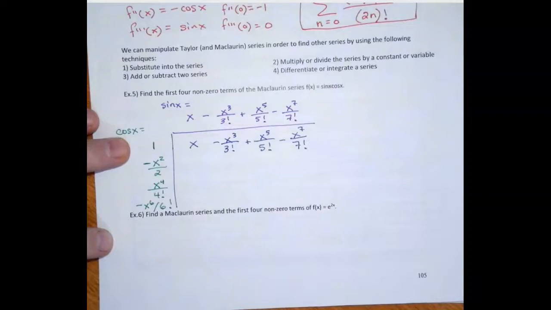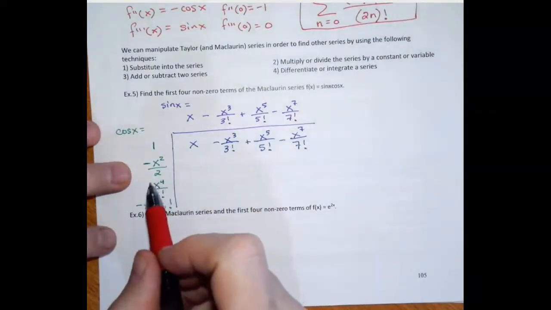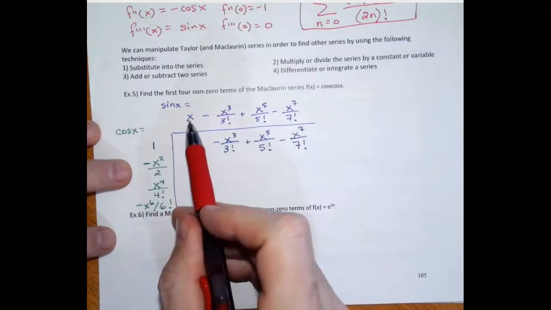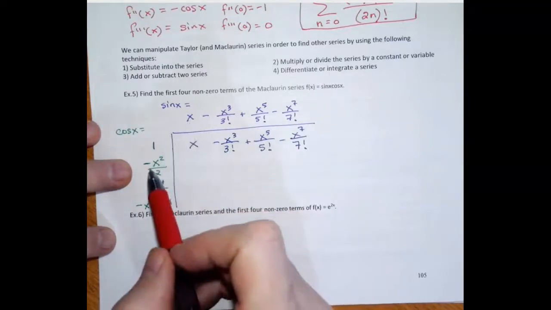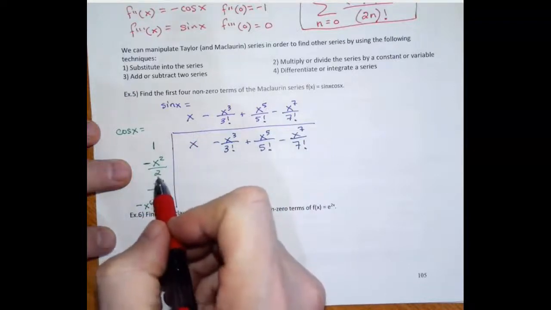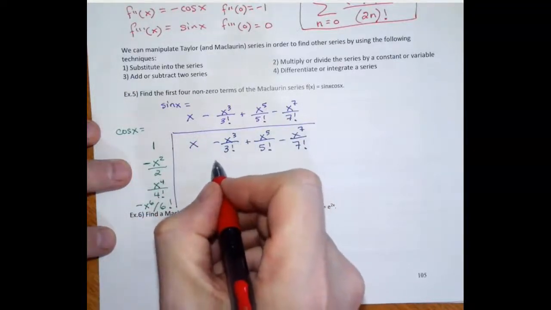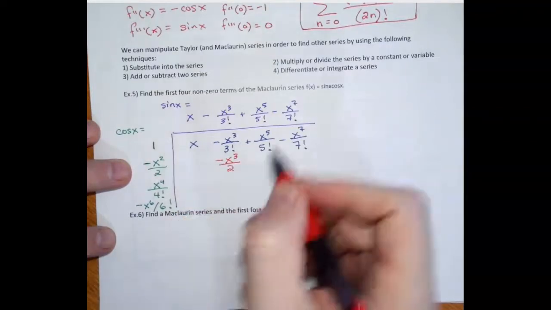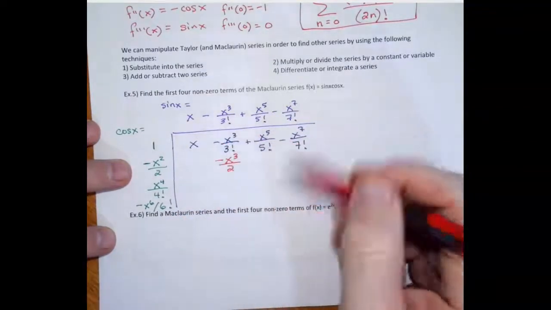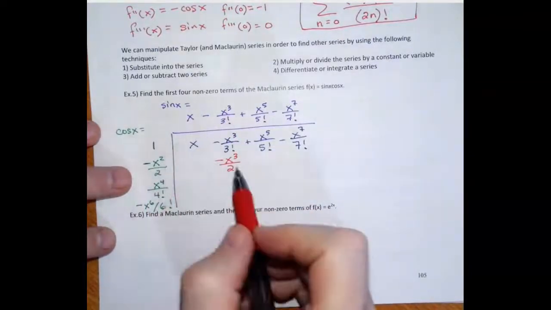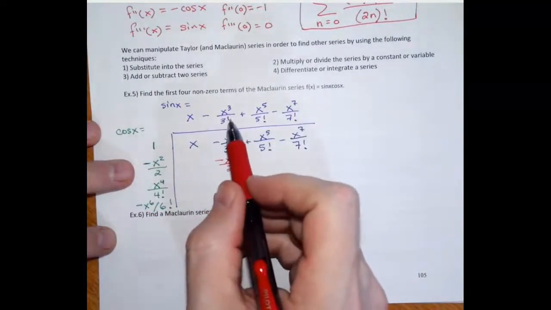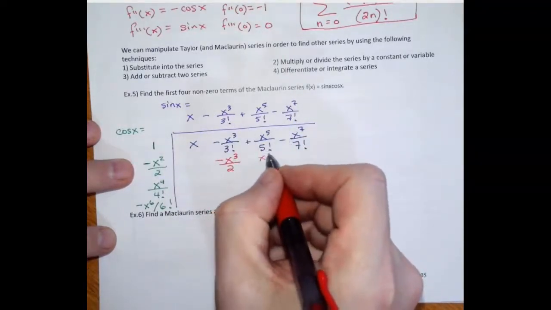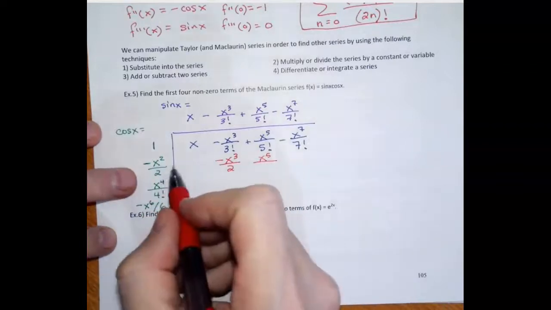Alright, now if we move here and we multiply this times this, that's going to be negative x cubed over 2. So I'm going to line it up with the similar power there so that I can kind of organize these. So that times that's that. This times this is x to the 5th.